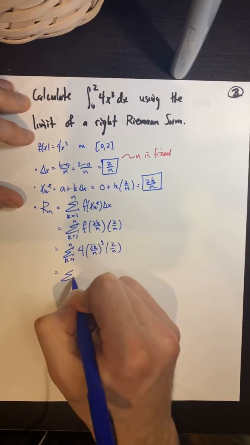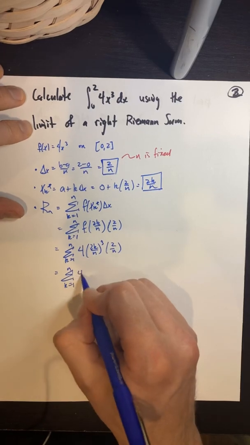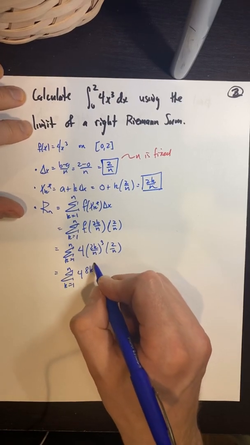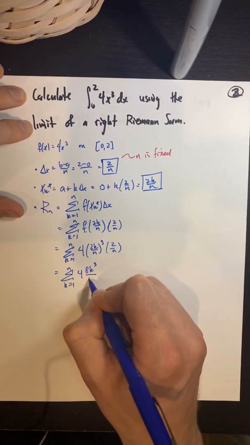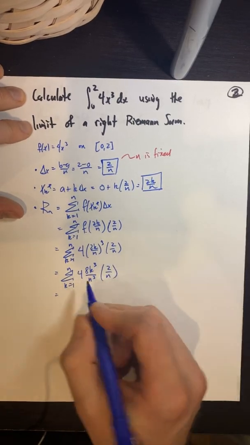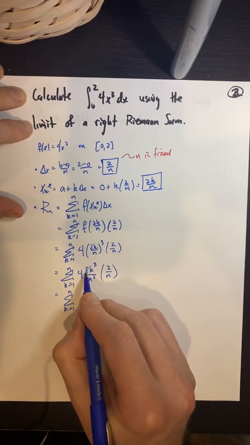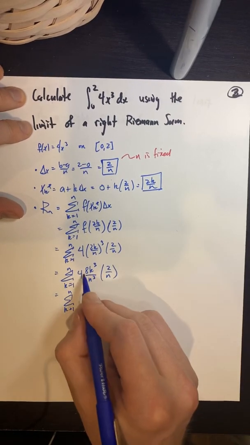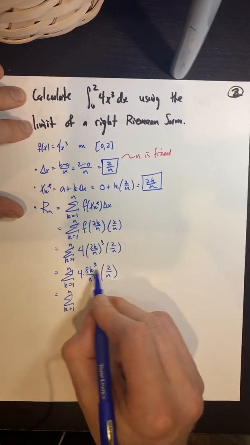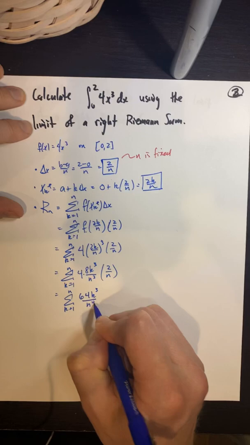Now let's simplify the summand. This would be 4 times 8k cubed over n cubed times 2 over n. Simplifying even further, we would get 32 times 2, so that would be 64 k cubed over n to the 4th.